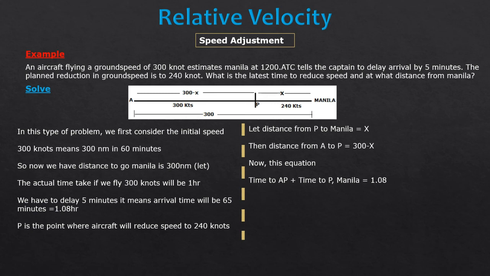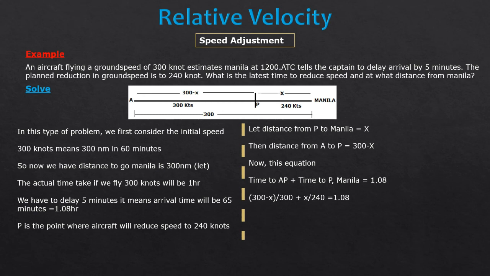We'll just put everything in the equation. So (300 minus x) divided by 300, because we have to find the time to AP, that is distance divided by ground speed.